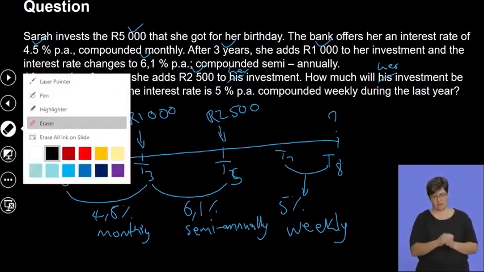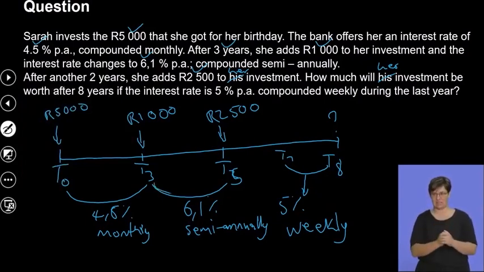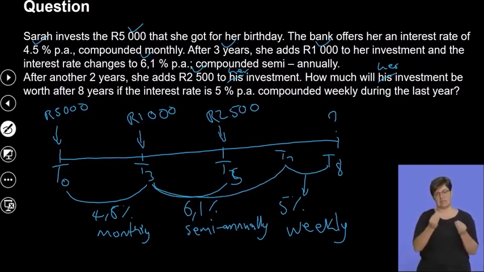So let's just fix that quickly. From there up until T7, her interest was that. And then you will use the compound interest formula to find the first portion, the second portion, and the last portion, and then add all of them together, and that will give you what this was worth.